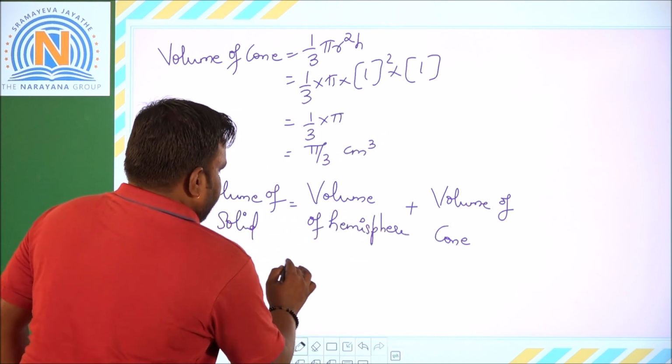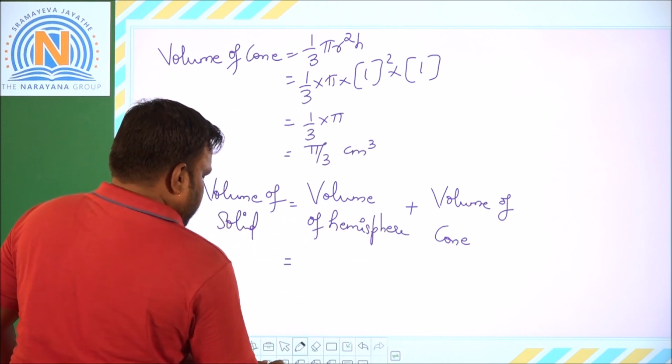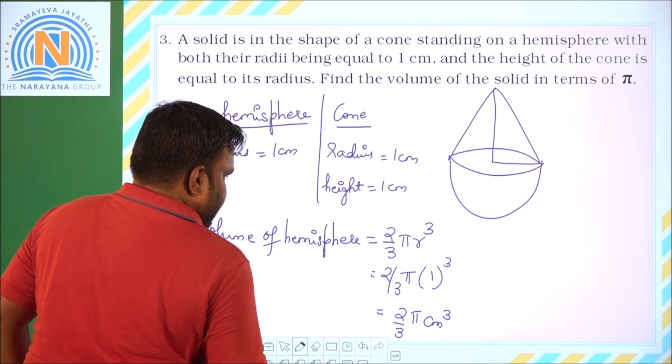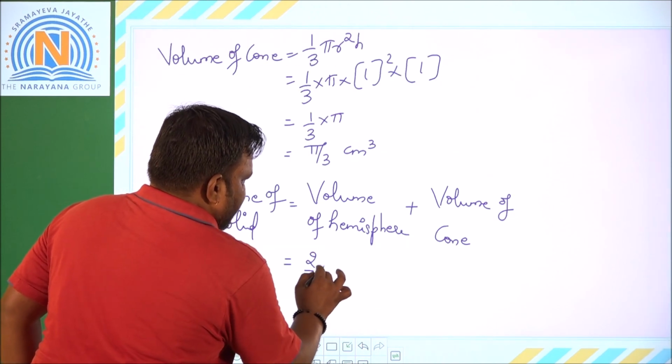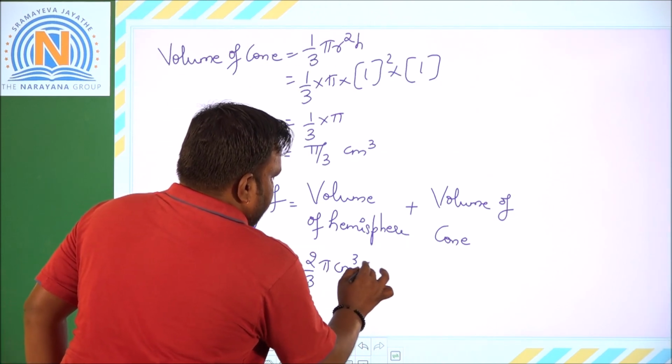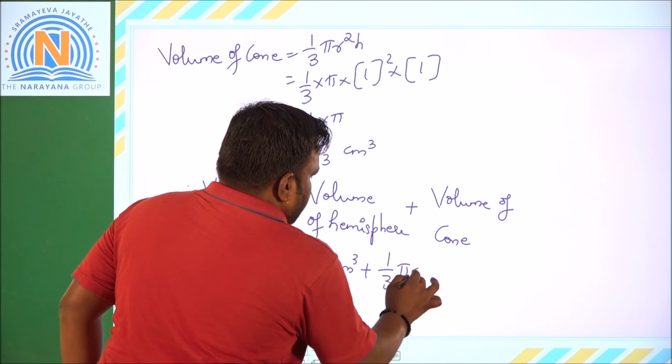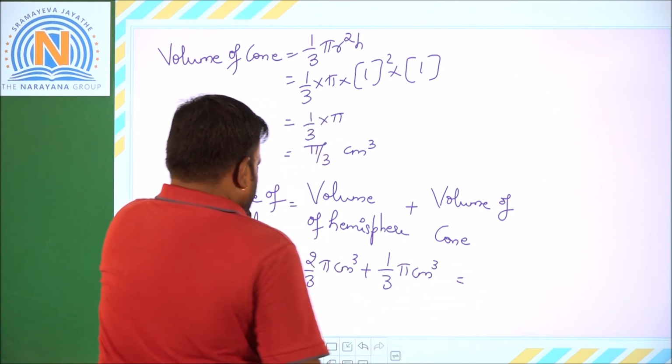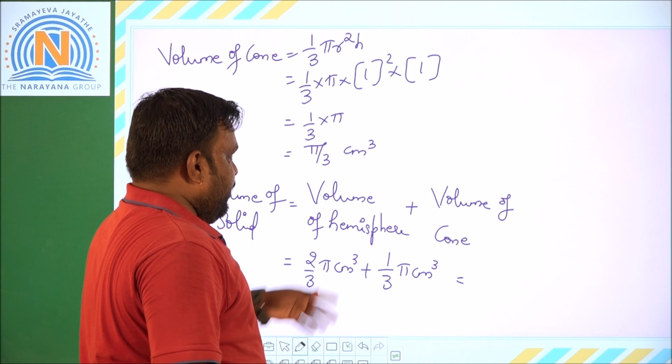So that is nothing but we are having here the volume of hemisphere, we got it as 2 by 3 pi. So 2 by 3 pi cubic centimeters plus 1 by 3 pi cubic centimeters. That is, you can see here 2 by 3 pi plus 1 by 3 pi.